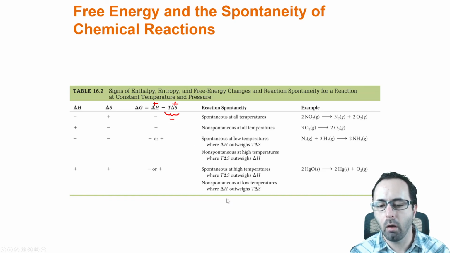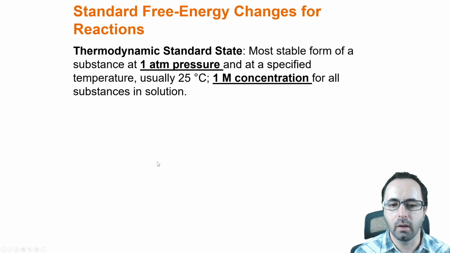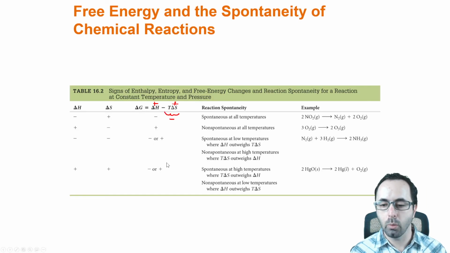If T is small, then this second term will be small and the positive term will be bigger, and thus delta G will be positive and the reaction will be non-spontaneous. And so that's a little bit of a preview there on the way delta G works.